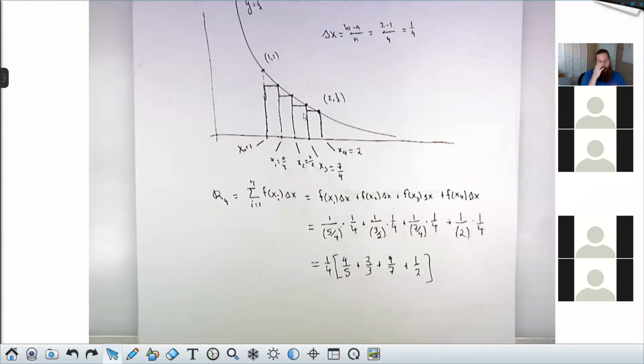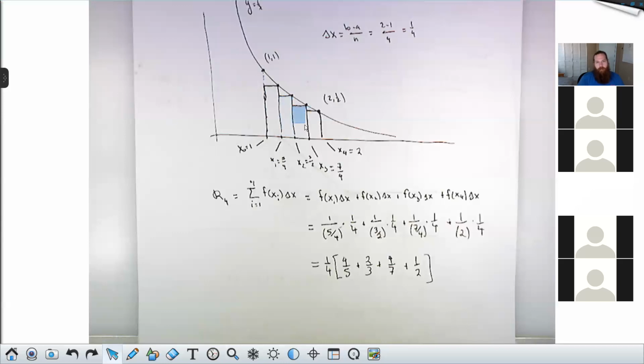So from here, you would have to have a common denominator. I don't want to burn class time on that, but this is how we would solve this. So we're going to just come up with the Riemann sum. The 4/5, that's this height, because the graph I'm on is 1/x, and the x value there is 5/4. The 2/3 is this height, because x2 is 3/2, and I'm on the graph 1/x.